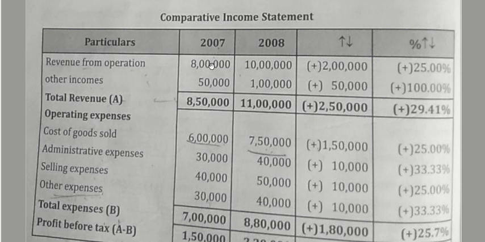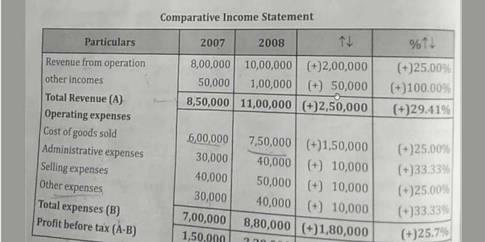Revenue from operations, last year it is 8 lakh, the current year it is 10 lakh. The increase is 2 lakh. Percentage of increase is 2 lakh divided by 8 lakh, which is 25%. Other incomes: in the question they have given 50,000 as base year and 1 lakh as current year.